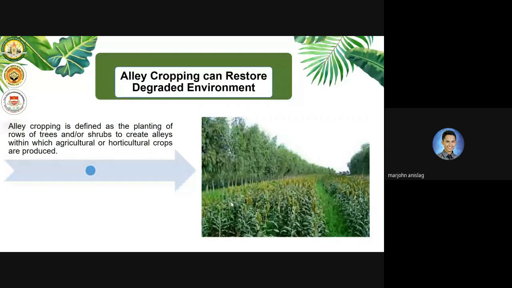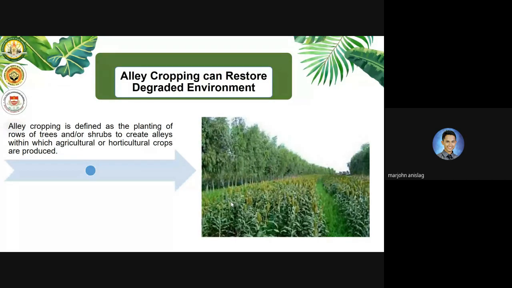We have the right to establish alley cropping to sustain our own needs and conserve our environment. Alley cropping is an agroforestry farm practice in which we can plant annual crops in the rows of trees and or shrubs to create alleys within which agricultural or horticultural crops are produced.